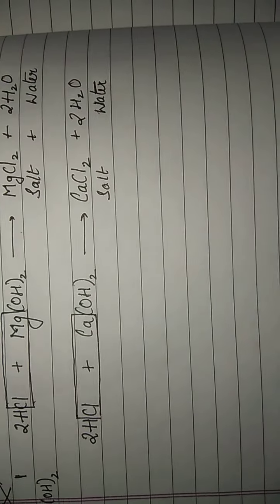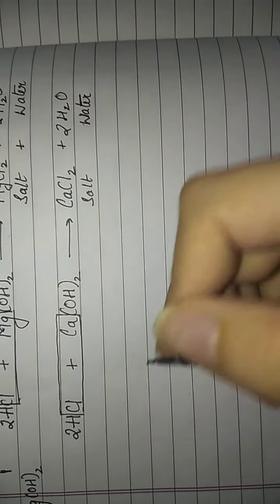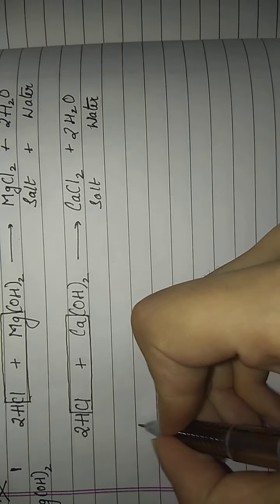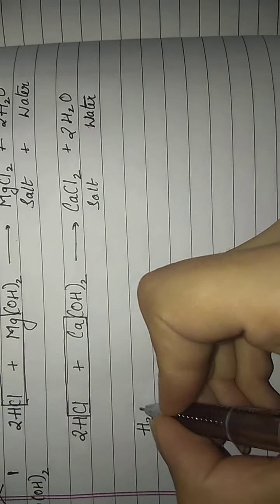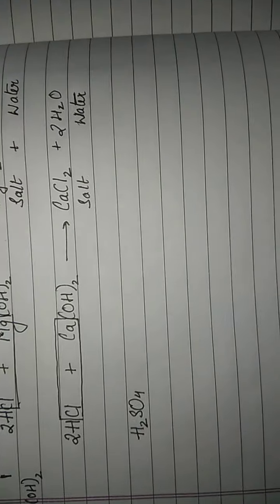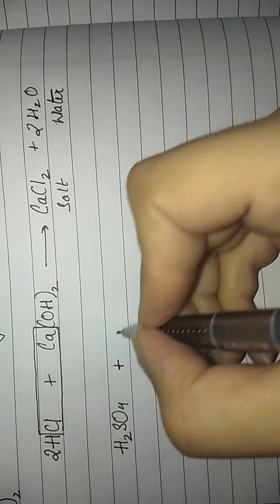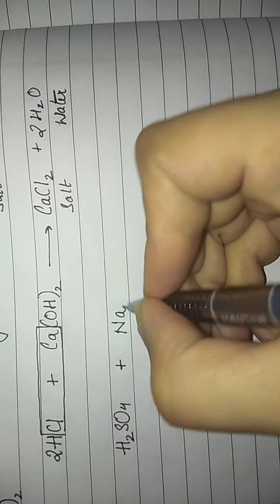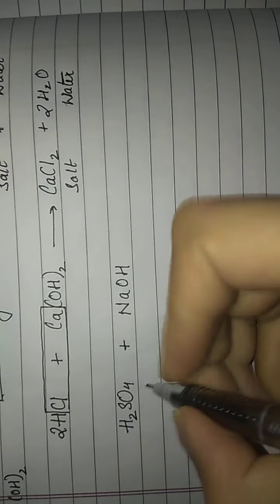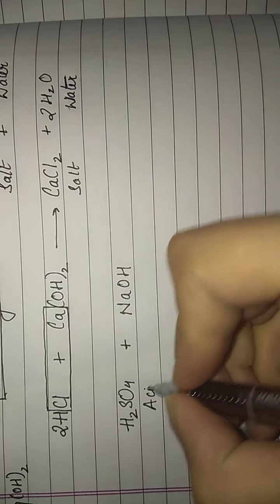Now let us use some other acid with the same kind of bases. This time I am using H2SO4. Now when I react H2SO4 with the base sodium hydroxide, again I am reacting the acid with the base.